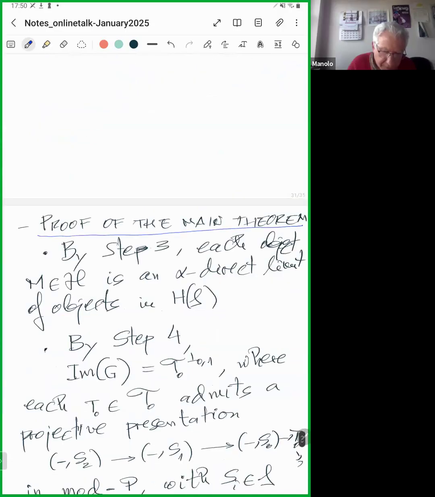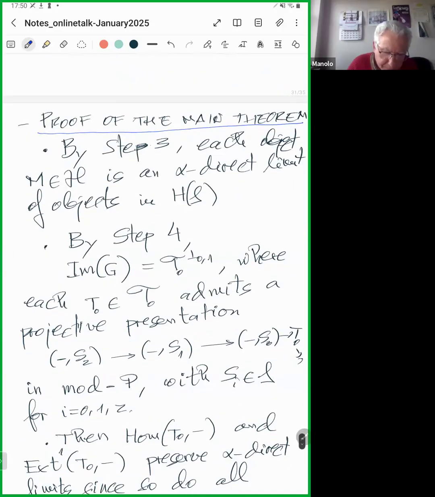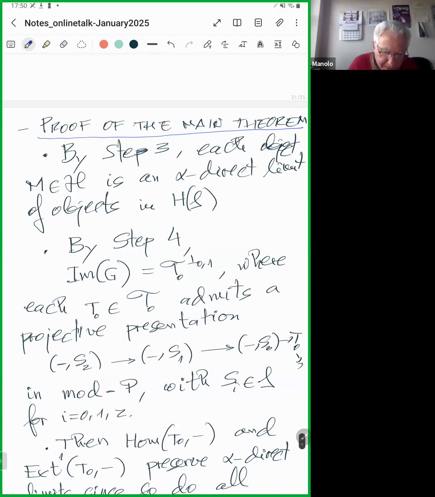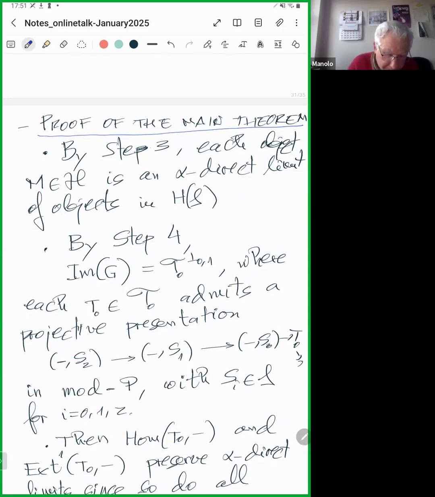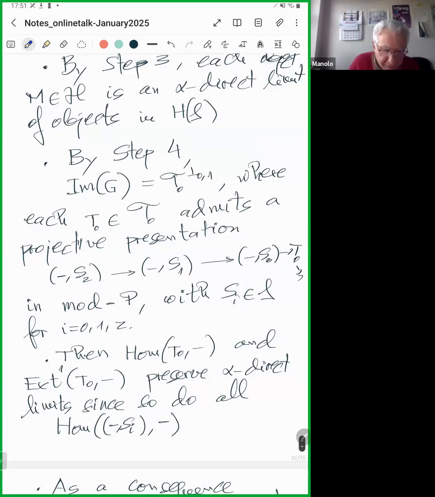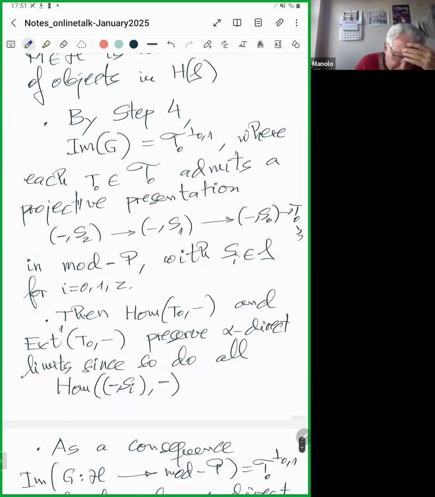Well, the proof of the main theorem is now as follows. By step 3, each object of M is an alpha direct limit of objects in H of S. By step 4, the image of G is the orthogonal, with respect to Hom and Ext1, to these T0, where each T0 admits a projective presentation like this in mod P. Then what is the consequence of this presentation?